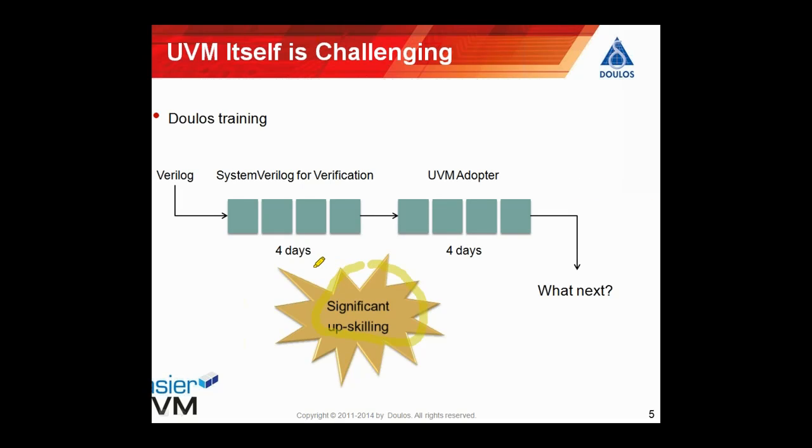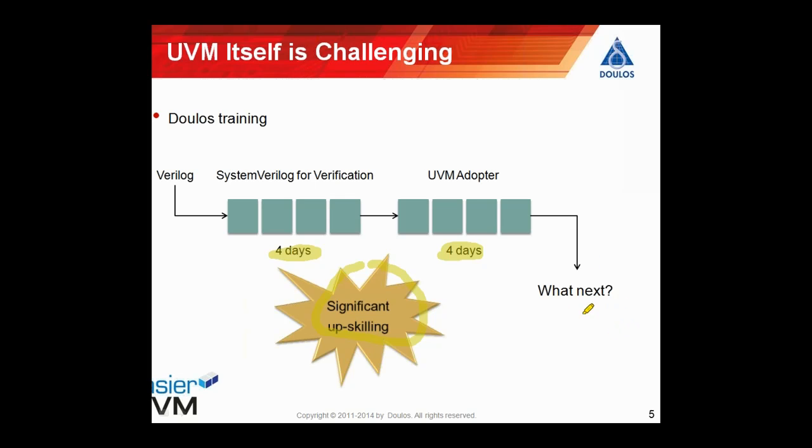So in our Doulos training portfolio, we spend 4 days teaching people SystemVerilog, and then another 4 days teaching people UVM. And at that stage, unfortunately, people are not necessarily ready to go off on project and start using SystemVerilog and UVM effectively, because there's still a lot to learn, a lot of detail to learn, a lot of experience to get under your belt before you're ready to use UVM effectively.